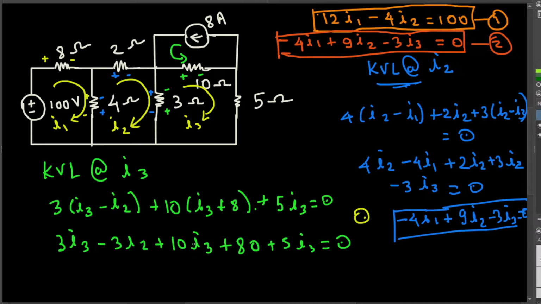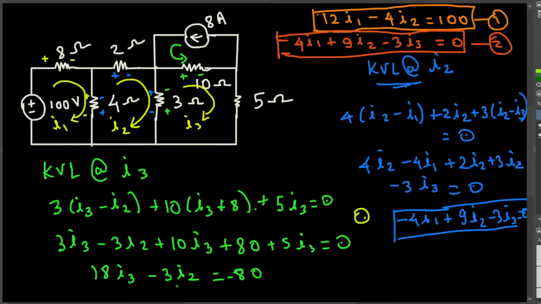We have 3 I3, 10 I3, and 5 I3. 10 plus 5, 15. 15 plus 3, 18. 18 I3 minus 3 I2 plus 80 is equal to 0. Or you can say those are equal to minus 80 as well. Both ways you can express it.